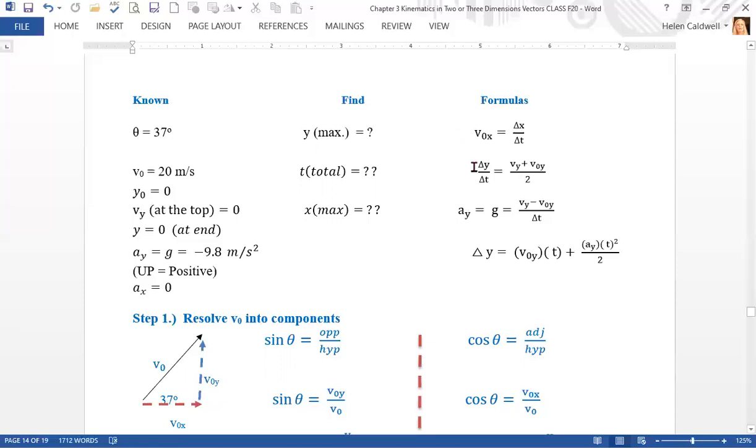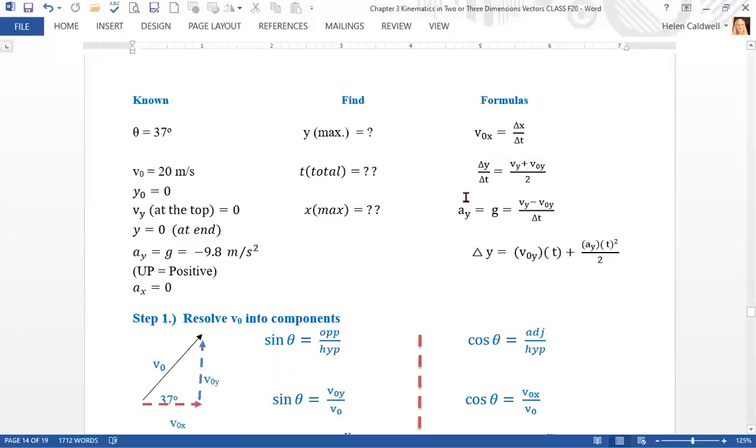And again, these are all subscripts. The y is a subscript in both the a and the v, and the 0y is a subscript in that last v. And we also know that delta y is equal to V0y times t plus a t squared over 2 when a is in the y direction. And remember, we use parentheses for multiplication, not little dots and not little x's.